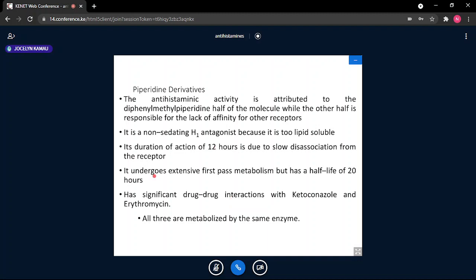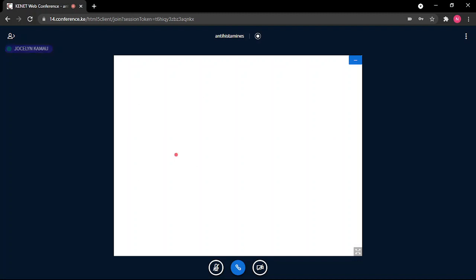Because they are metabolized by the same enzyme, if you give these drugs concurrently, the metabolism of terfenadine to fexofenadine will go down. Fexofenadine is a safe drug and does not have that side effect. So once the metabolism of terfenadine goes down, there will be much higher concentrations of terfenadine than is safe, and that is what will cause the cardiac toxicity.